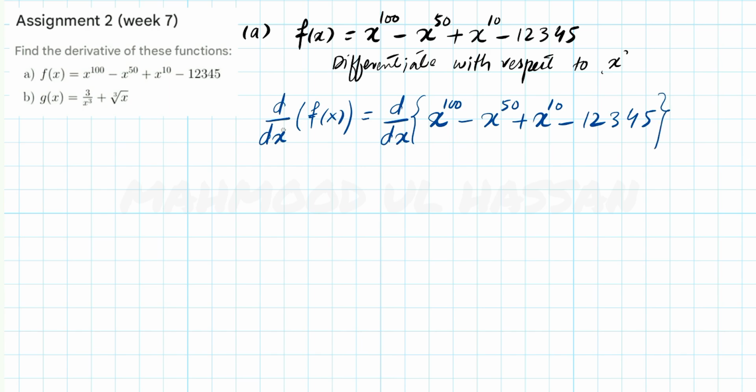On the left side, the derivative of the function f of x can be written as f prime of x. This is just the notation. F prime of x means the first derivative of the function.